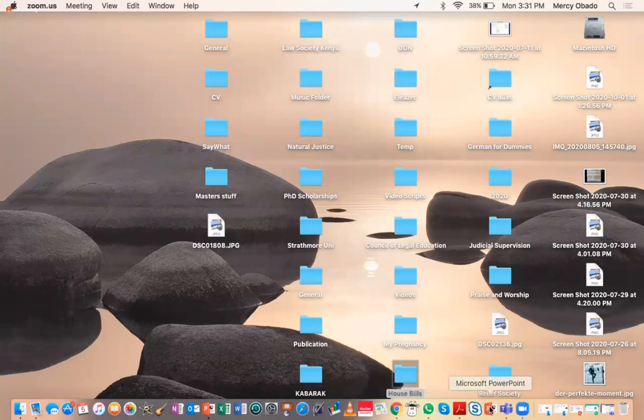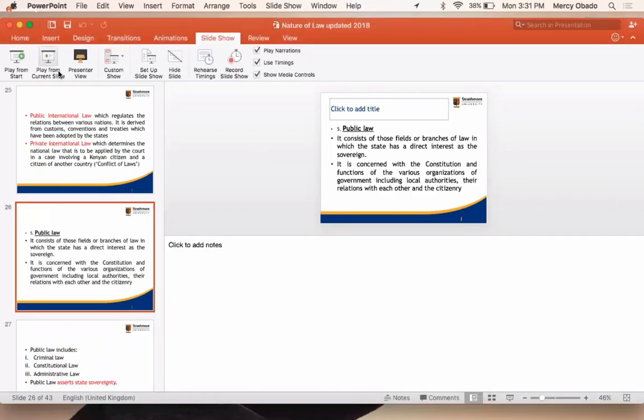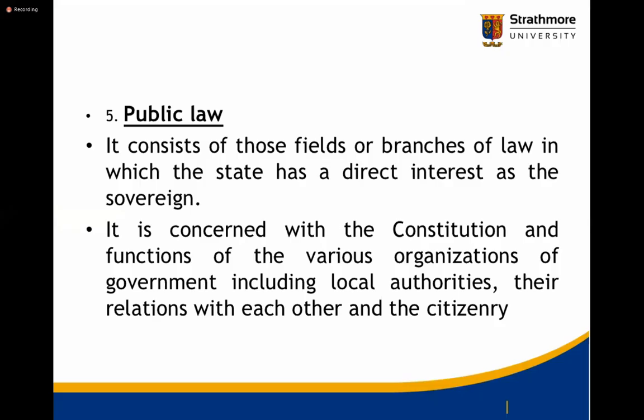All right. So I was just trying to explain to the class that when it comes to national law, we find that even within the nation, we have two distinctions. We have public law and we have private law.